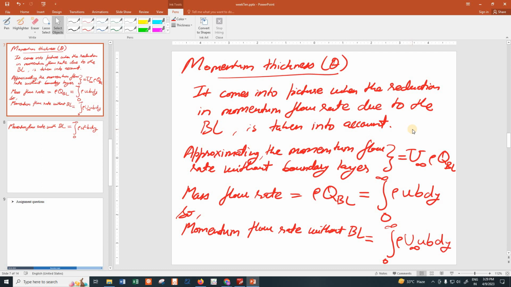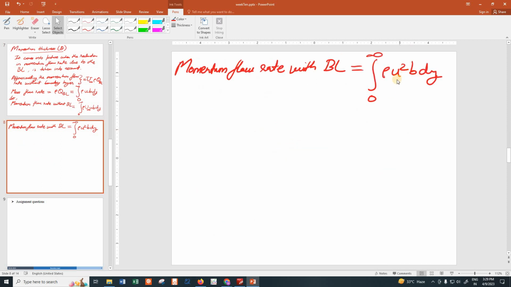So everything is just like a plug flow with an average velocity of u infinity. But with the boundary layer, there will be a variation, and that u infinity will change into u. So that is the difference. Now, when you take into account the reduction in the momentum flow rate due to this difference, that will give you your momentum thickness. So subtracting them to take the reduction into account.